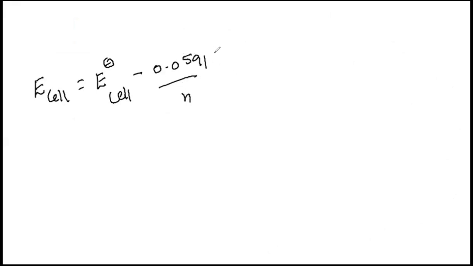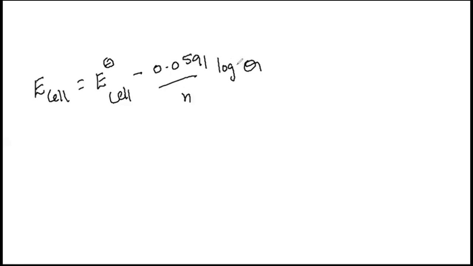I'll be taking the equation that is E cell is equal to E naught cell minus 0.0591 by n log Q. Q, what we can call this?